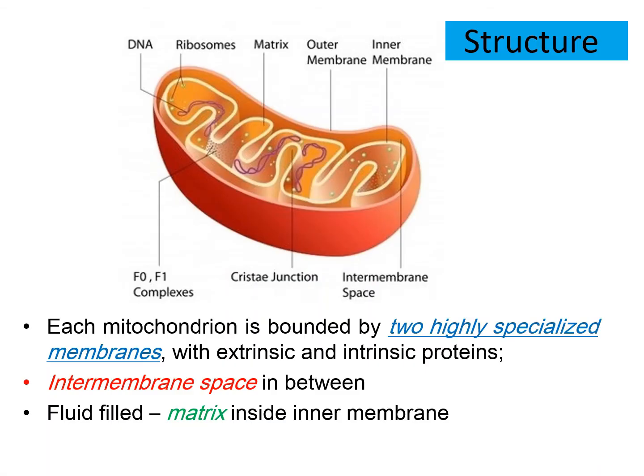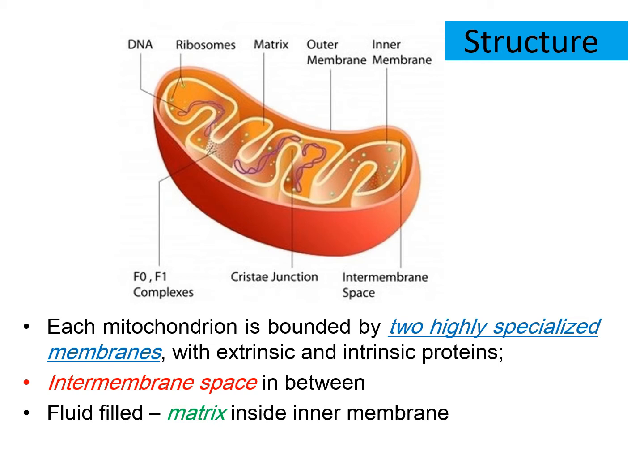It's a double membranous organelle with an outer membrane and an inner membrane, and both these membranes have the typical constitution of the plasma membrane, that is, a lipid bilayer having extrinsic and intrinsic proteins. In between the inner membrane and the outer membrane there is a space which is called the intermembrane space, and inside the inner membrane there is a matrix, which is fluid filled.